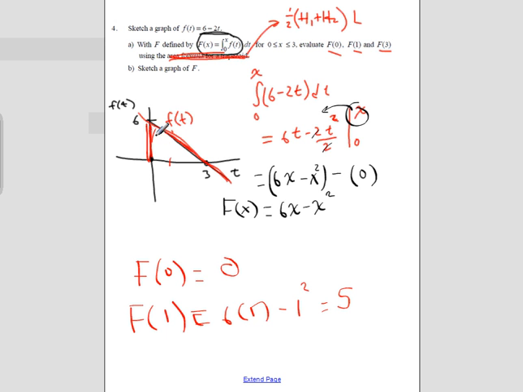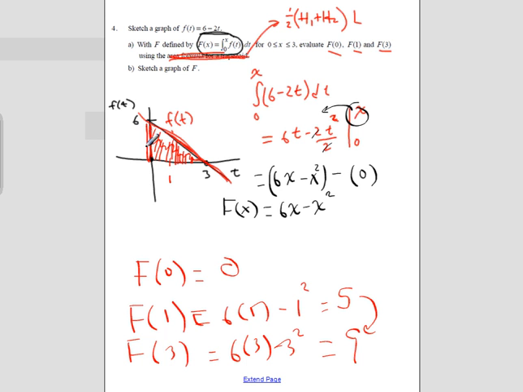So that's like this area here. And then F of 3, plugging 3 in, we get 9 back. And it makes sense that F of 3 is bigger than F of 1 because we continue to accumulate positive values.